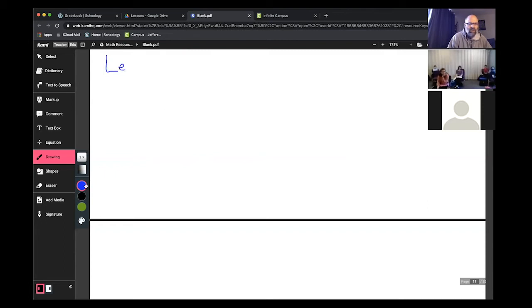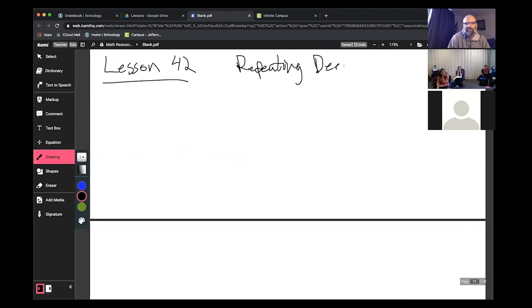All right, a lot of you are familiar with this concept, and this is how you've been writing your division problems anyway, but we're going to talk about repeating decimals. Okay, so here's an example of a repeating decimal.